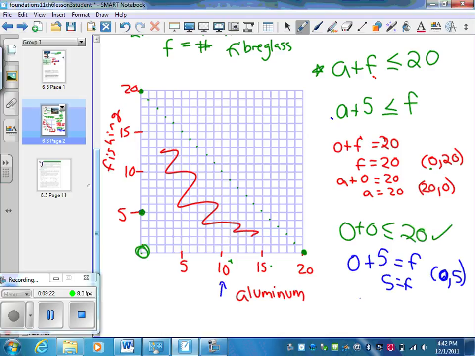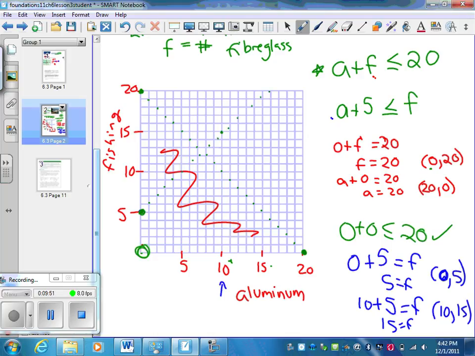So 10 plus 5 is equal to F. We subbed in the value 10, and it's going to spit out 15 equals F. So we have a point at 10 and 15. Okay, so we're going to do a nice dotted line along there.